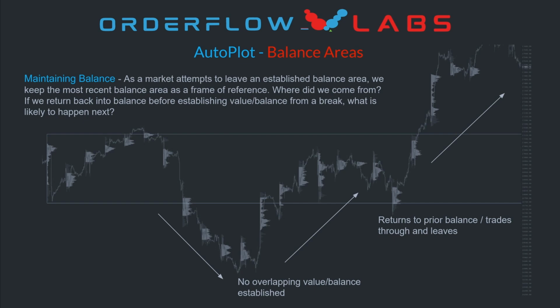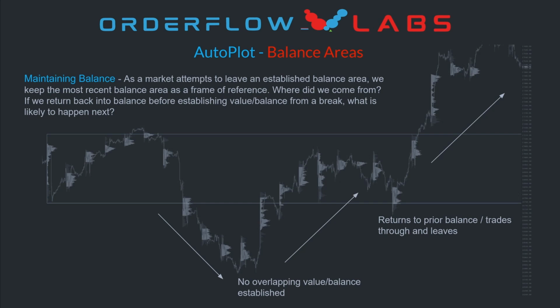So here's an example of a failed breakdown, where we leave a balance area intact until we've established a new balance area. And that's also another change in the rules. This really helps you keep in context what's been happening in the market and how we got to where we are.